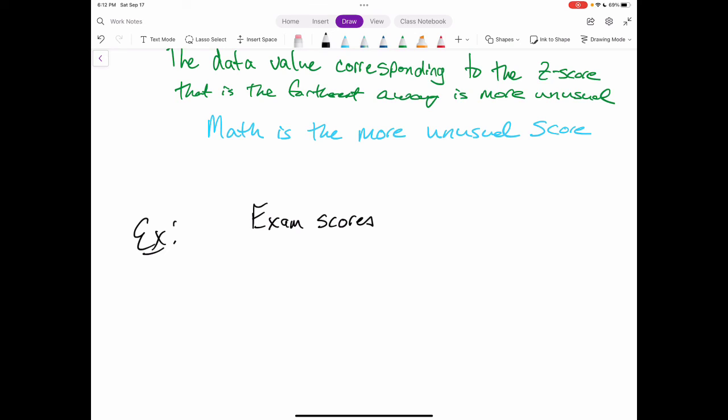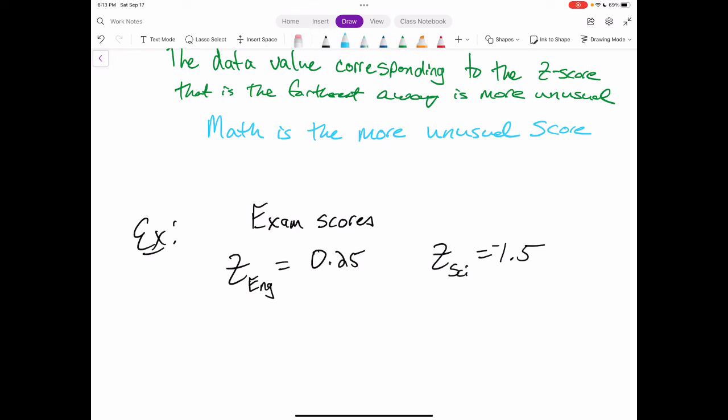Let's say the z-score of an English class was a 0.25. And let's say the z-score for a science class is a negative 1.5.